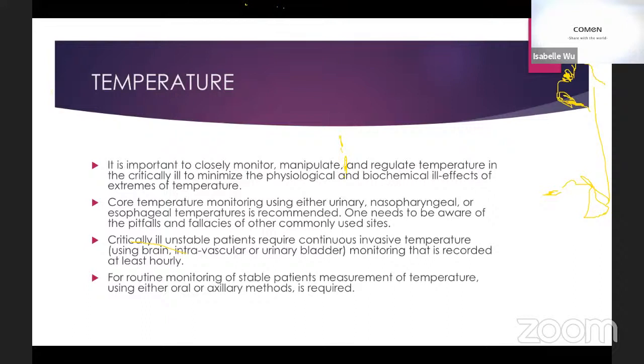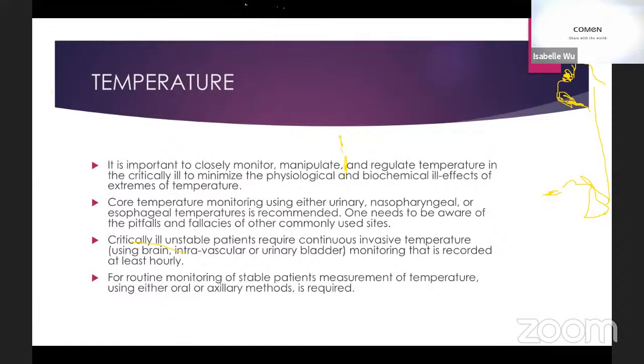Ideally, we should be monitoring core temperature. So core temperature can be monitored either using the brain, intravascularly, or the urinary bladder. But obviously, we're going to weigh the pros and the cons. Why would we want to put a probe in the patient's brain just to monitor temperature when we know that there are increased risks of infection doing that? So typically in our ICUs, I know lots of us use the axillary probe, but that doesn't actually give us the patient's core temperature.